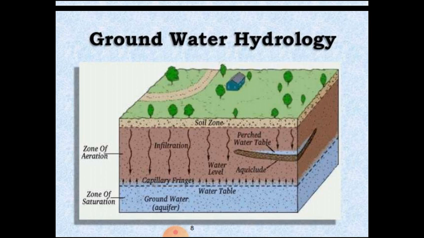Moisture content can be represented by MC. This is the field capacity moisture content.